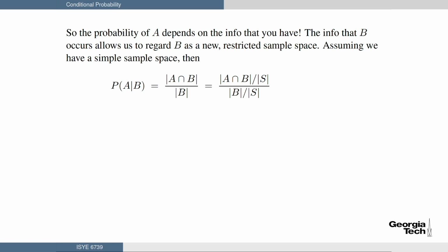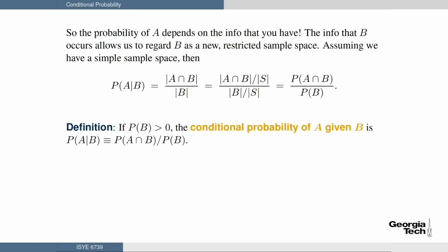Then, by definition, that equals the probability of A intersect B over the probability of B. Very nice. And now we have the following formal definition. That is, if the probability of B is greater than 0, the conditional probability of A given B is given by the probability of A intersect B over the probability of B.